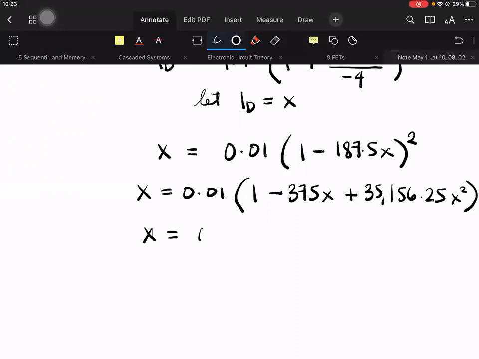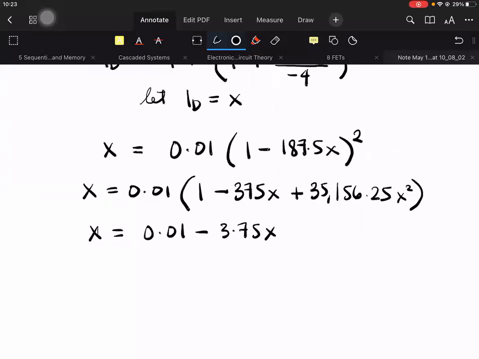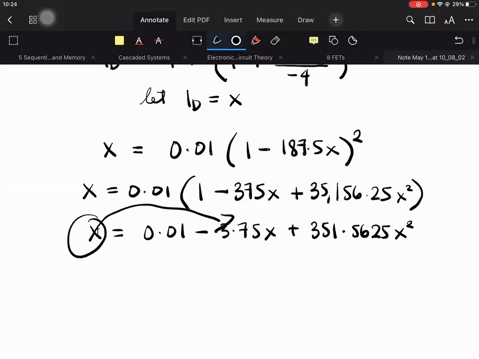So this becomes 0.01 minus 375 times 0.01, which is 3.75x, plus 35,156.25 times 0.01, which is 351.5625 x squared. Transpose 1 to the other side.